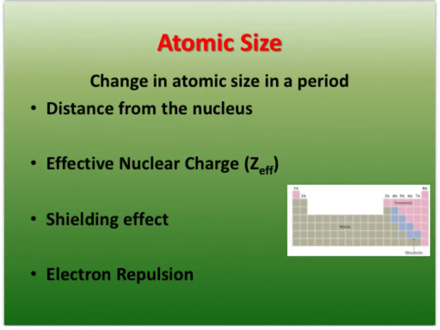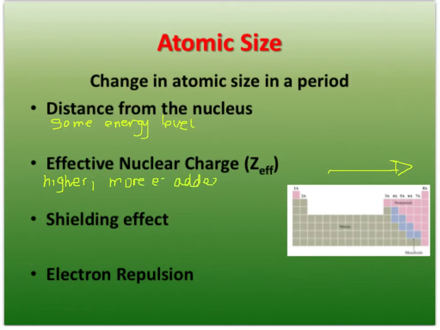So atomic size in terms of a period, as we go left to right. Now the distance from the nucleus does not change because we're in the same energy level. Now the effective nuclear charge is going to be higher. Why is it higher? We have more electrons added to the same energy level.